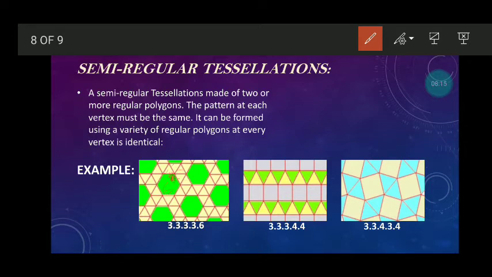The same goes for the second example: 3.3.3, then two 4s. Then also here: two 3s, and also 4, then 3, then 4. Here is the vertex point, and also here.